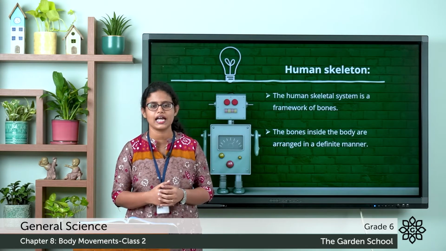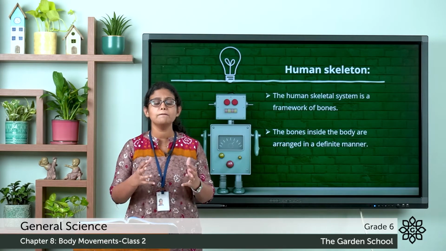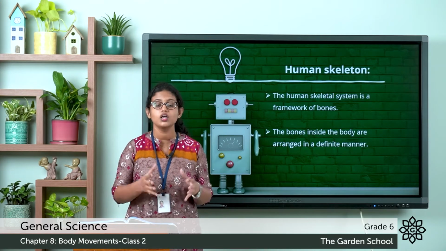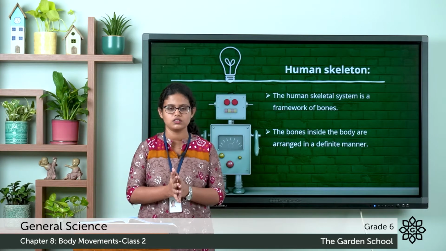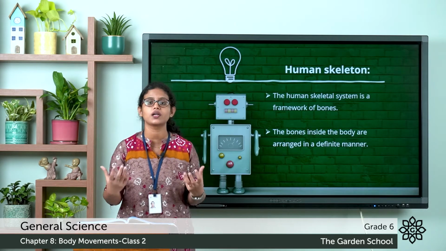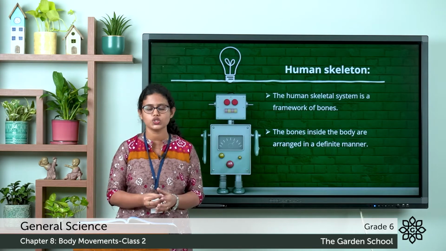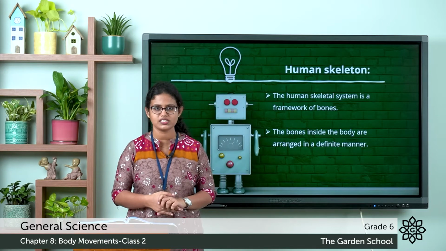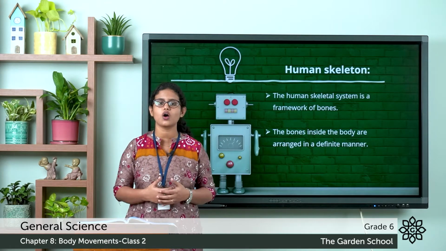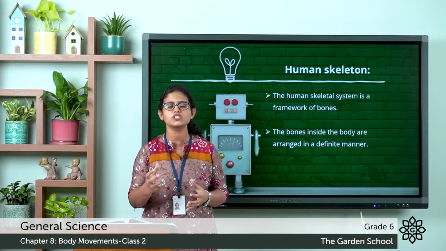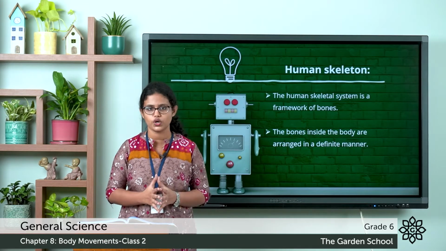Another important thing is that the bones meet at a joint. That is, the area in which two or more bones meet is called joints. So we have many joints in our body. The joints consist of cartilage. Cartilage covers the surface of the bone at the joint.